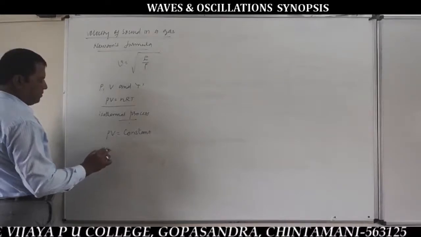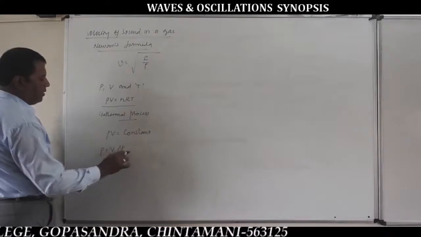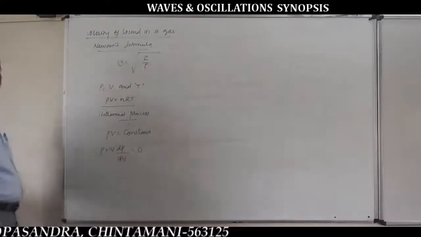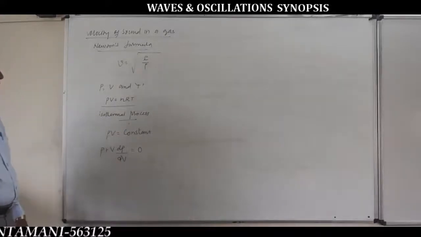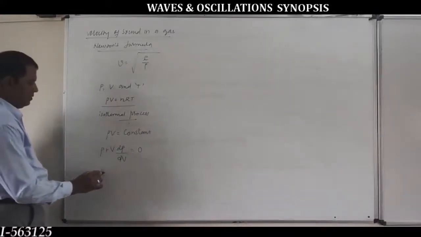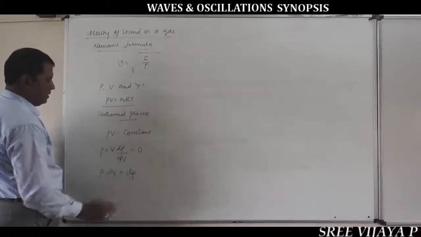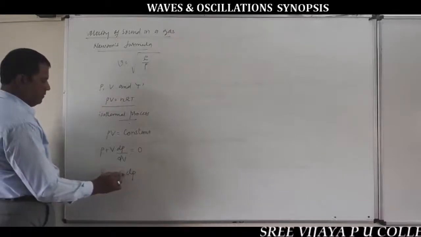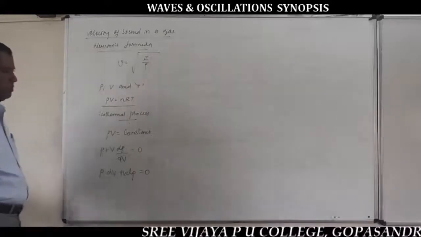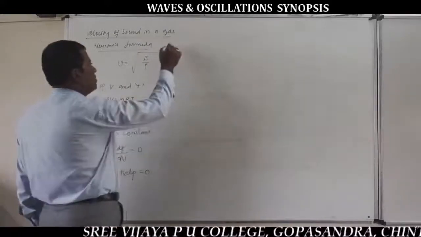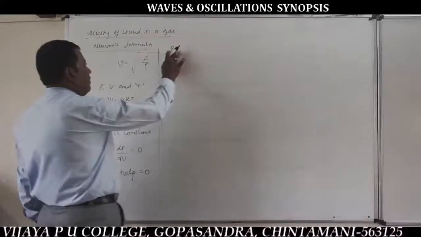P plus V into dP by dV is equal to 0. I have differentiated both the sides. P into dV plus V into dP is equal to 0.